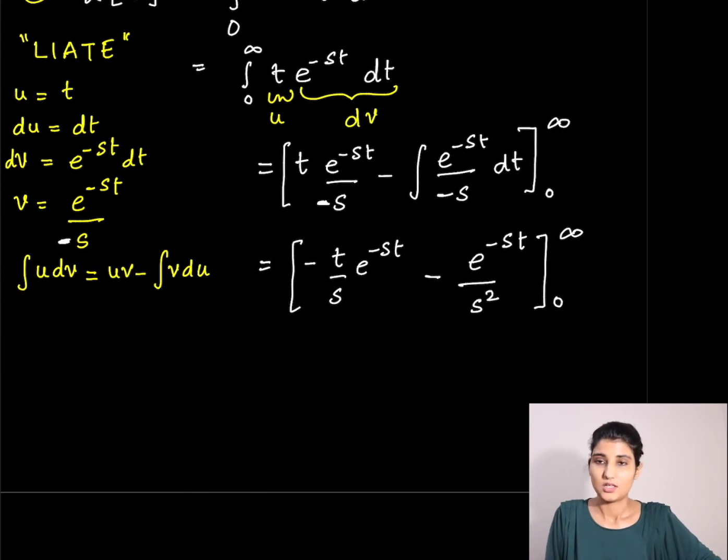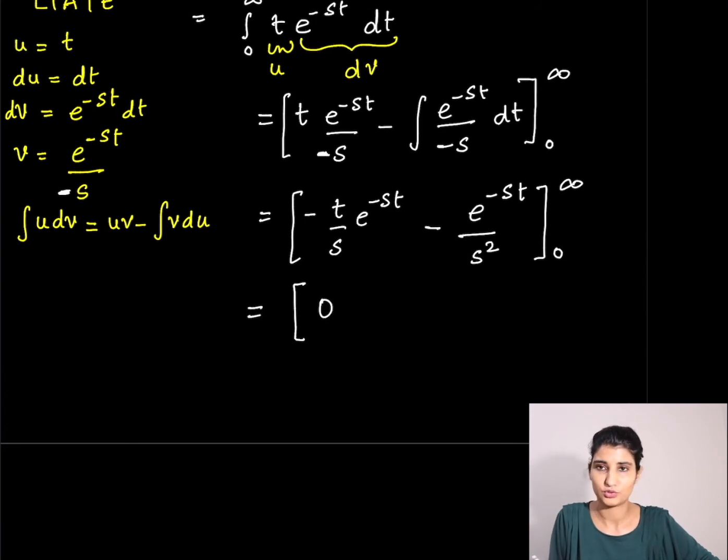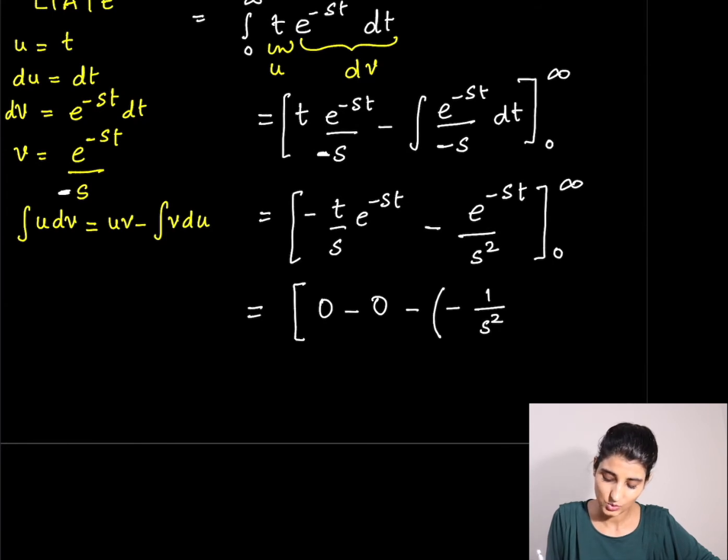When we substitute the upper limit, e^(-st) approaches 0, so we get 0 for both terms. When we substitute t equal to 0, the first term will be 0, and the second term is going to be negative of e^0, so 1 divided by s squared.